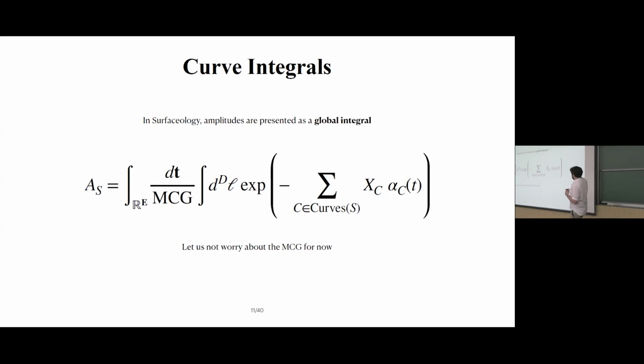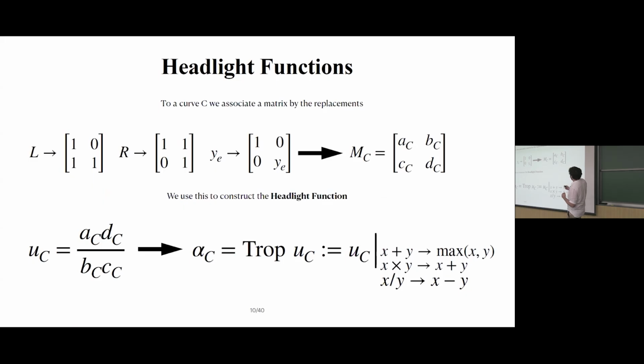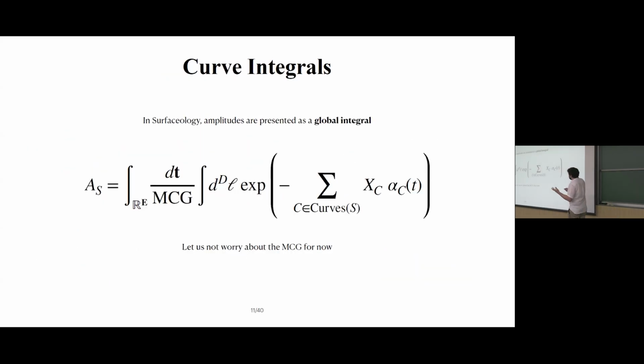Then if the surface is a loop-level surface, you integrate over the loop momenta. And finally, recall that there was a matrix that depended on these positive variables y that we associated to the edges of the fat graph. We take the logarithm of that variable, we call it t, and we integrate over the possible values of t. y is positive, so t goes from minus infinity to plus infinity.